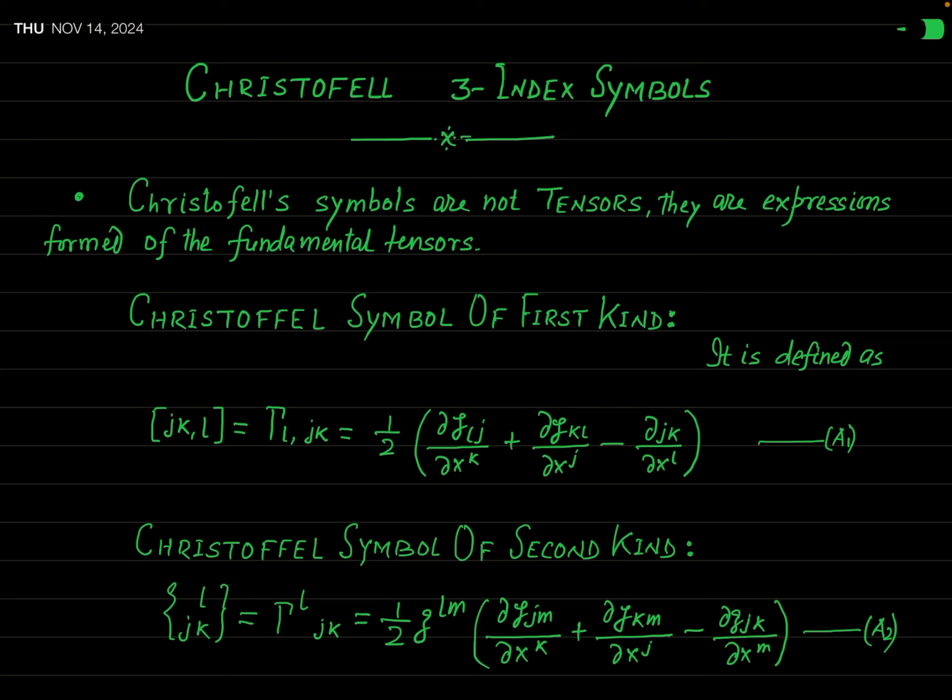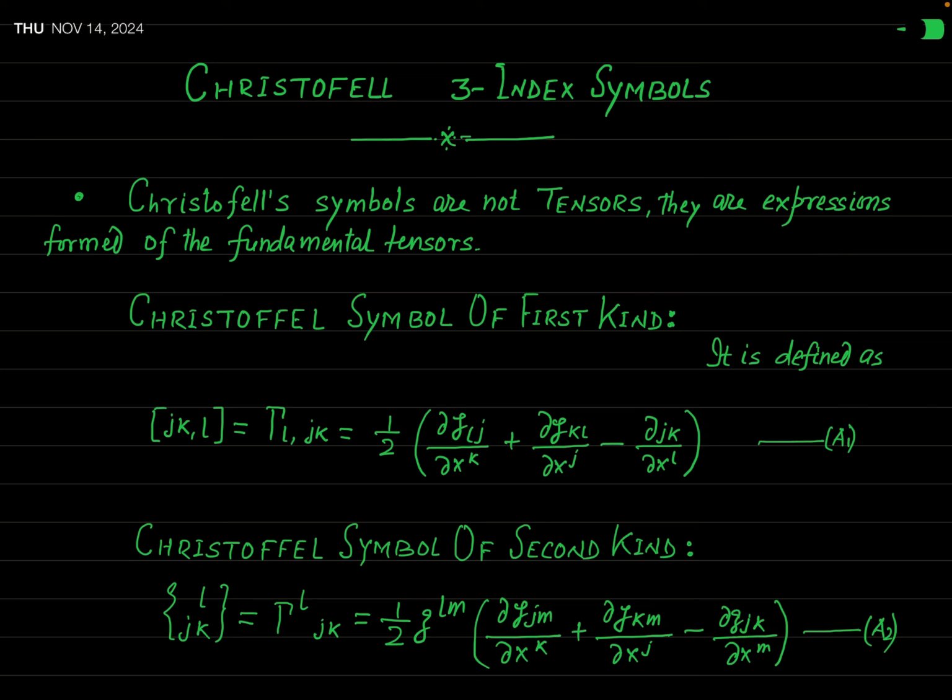But in the last of the lecture, we will also learn that under a certain linear transformation of coordinates, these Christoffel symbols get transformed obeying the transformation law of tensors. In that condition, particularly in that linear transformation of coordinates, we call these three index symbols pseudo tensors.